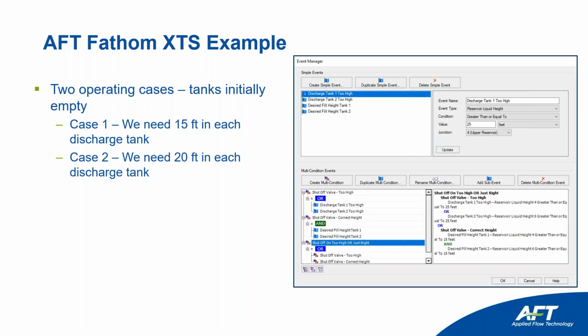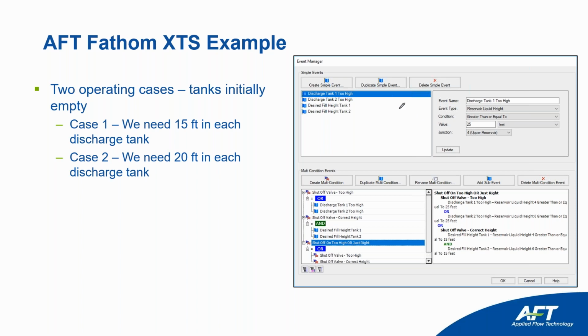Now, in this particular model, I'm using a new feature in AFT Fathom XTS, which also exists in AFT Impulse 7, which is incredibly powerful and useful. It's called multi-condition events. If you were to define an event for a particular transient, there is what's called a multiple condition event option, and I'll show you what that looks like.